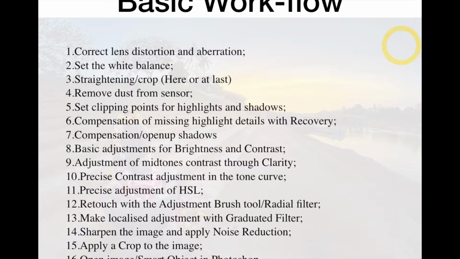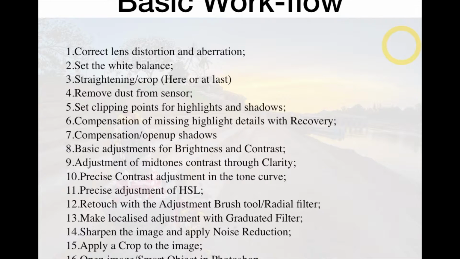Obviously you should clip the highlights and shadows, and then we will do our highlights and then shadows and other adjustments, or you can say the basic adjustment corrections. Then we'll also play with the clarity slider, and then we'll do processing with the curve, particularly for the midtones, and then we can play with the particular color channels with the HSL tool.